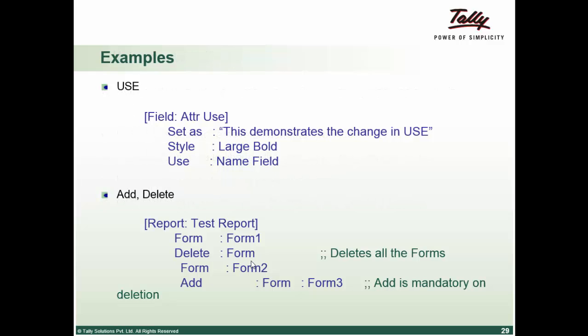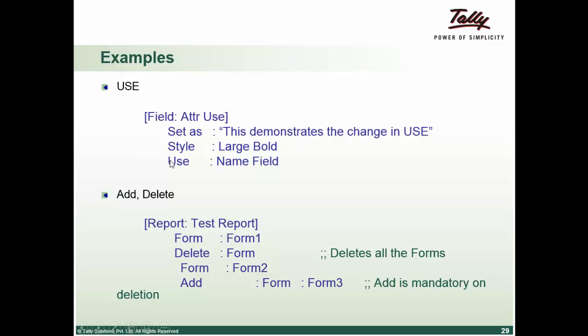So this is one example that we have provided, where we have made use of the attributes. As we told, the attribute modifier sequence you do not have to remember, it is remembered by the system. So in this definition you have provided set as, style and then use.